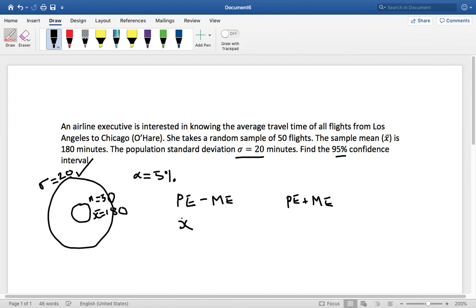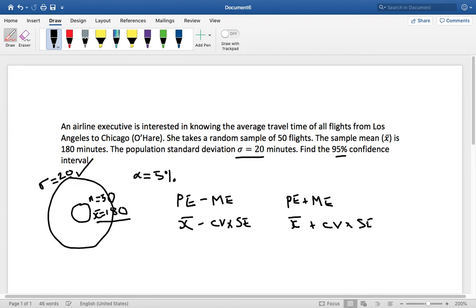So the point estimate is just this value right there, 180 minutes. Remember, the margin of error is going to be the critical value times the standard error. And for the upper limit, it's going to be the same thing, except with a plus sign. It's going to be X bar plus critical value times standard error.